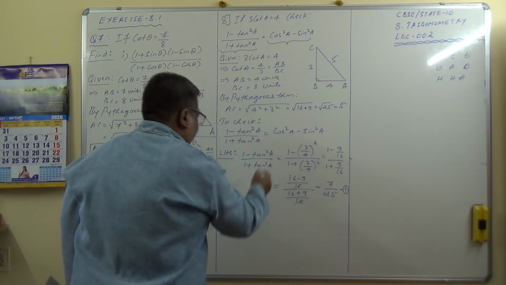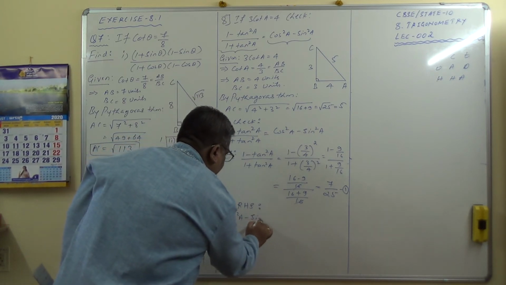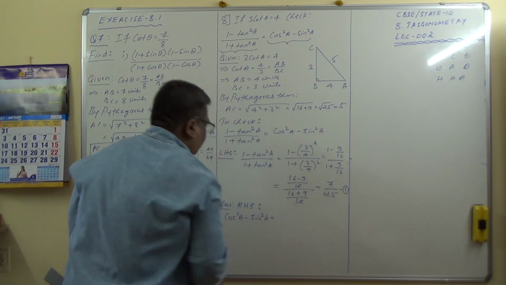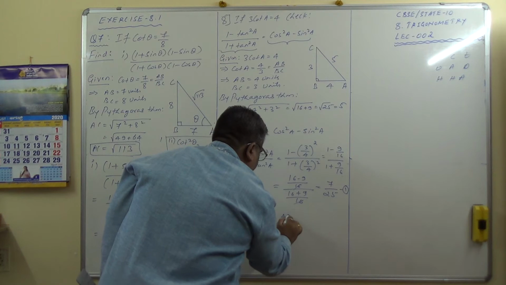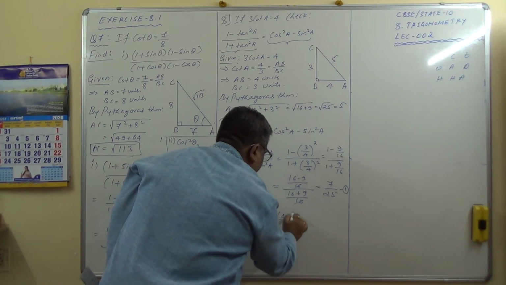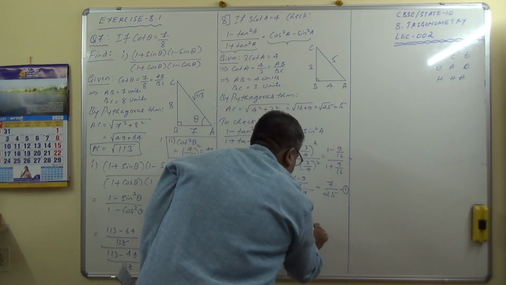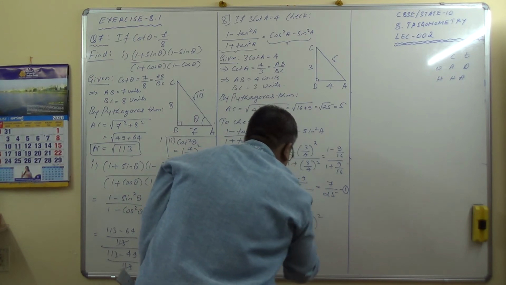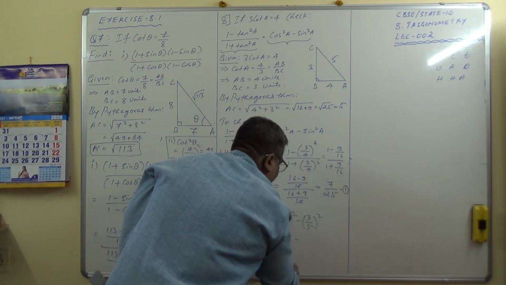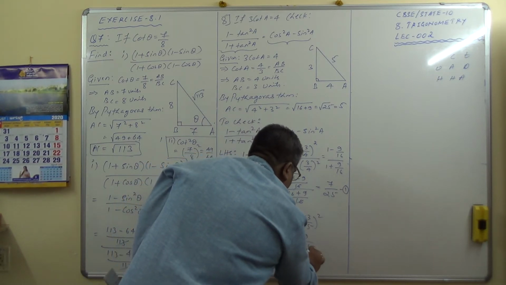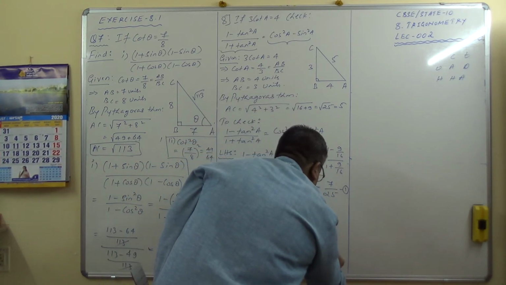RHS, let us take cos square A minus sin square A equals cos of A is 4 by 5 the whole square, minus sin of A is 3 by 5 the whole square, which equals 16 by 25 minus 9 by 25, which equals 7 by 25.